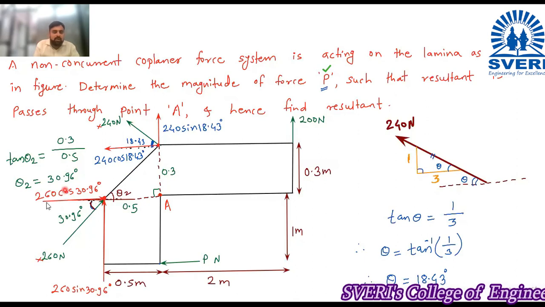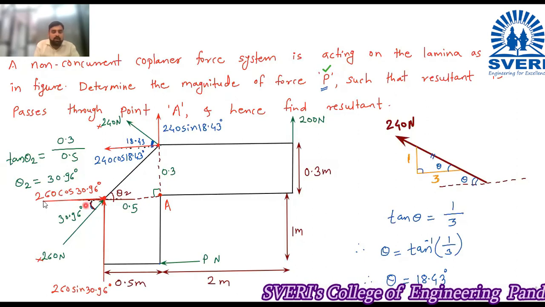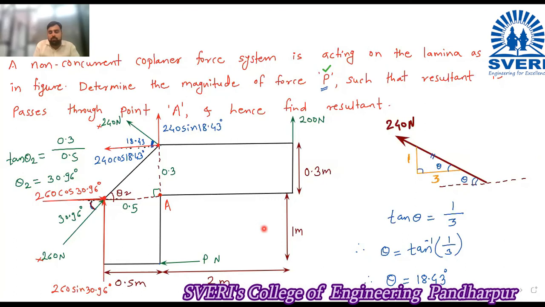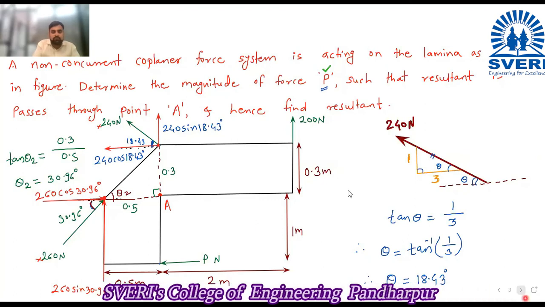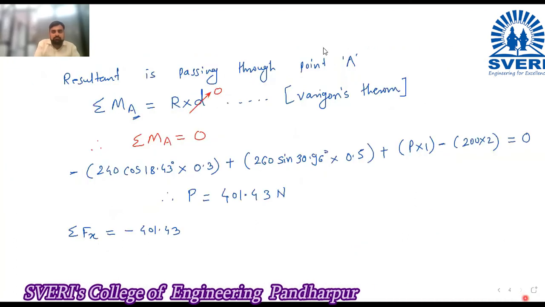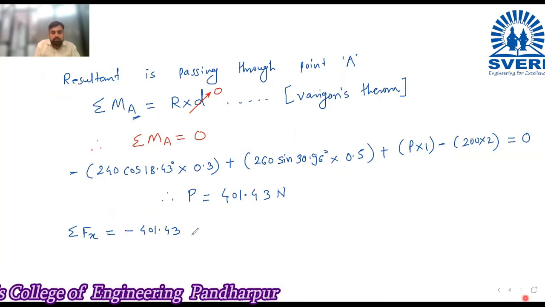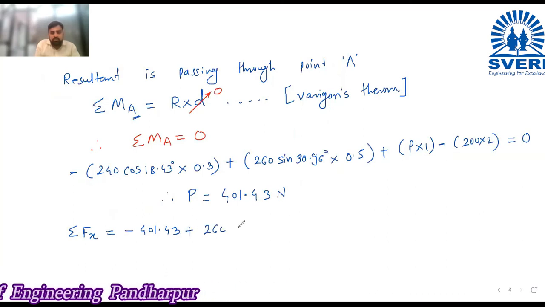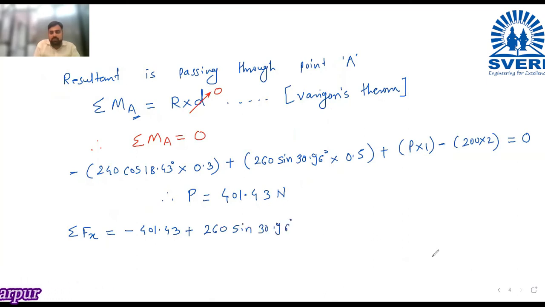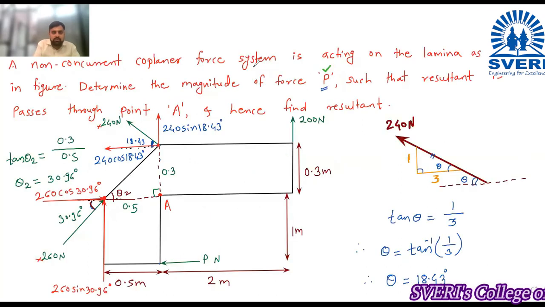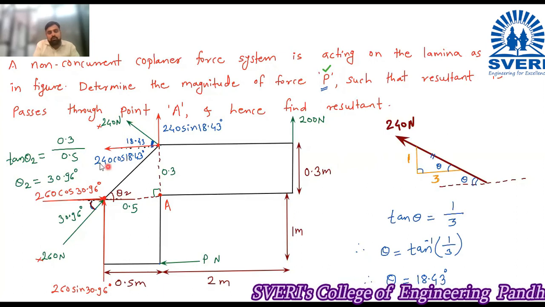Next is this one, 260 cos 30.96. This is also horizontal force, and it is moving towards right. So this is positive. Plus 260 cos of 30.96. Okay. Then any other force? Yes. Here is this one now. 240 cos of 18.43.